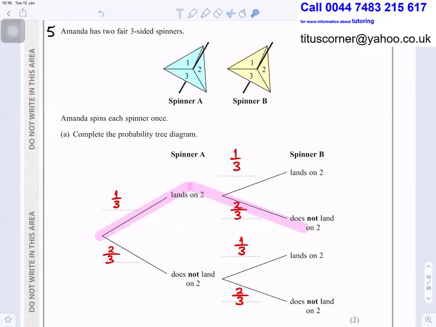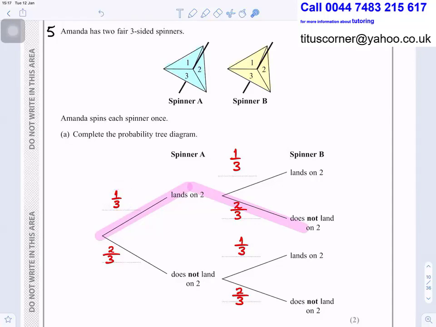So to do this type of question, for example, I've colored spinner A and I've colored spinner B. Complete the probability tree diagram. It's fair. So the probability that it lands on 2 for spinner A is 1 out of 3, because there's one of them out of 3.